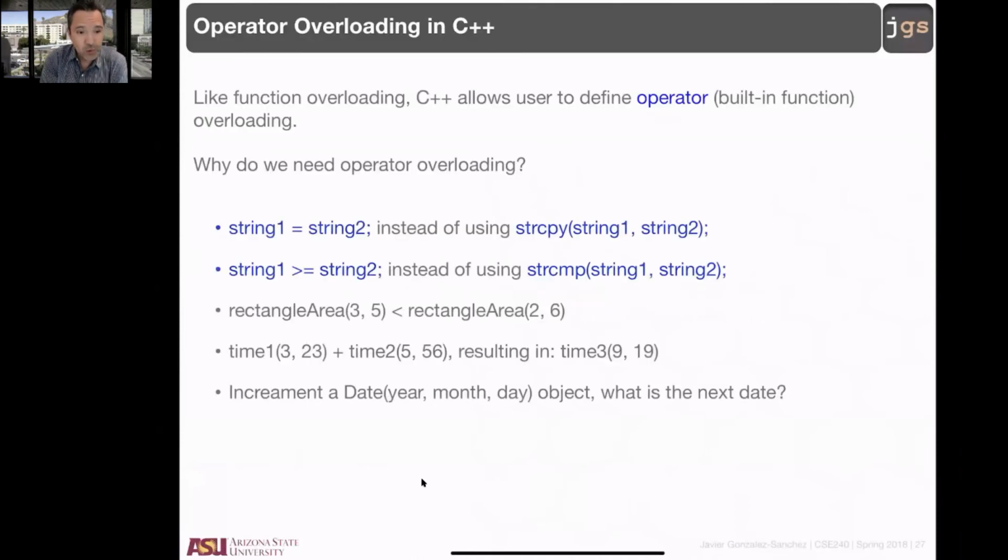Something that you can do in C++ that you cannot do in Java or in some other languages is overloading of operators. Overloading of operators. I have a student. It's an object. It's another object.